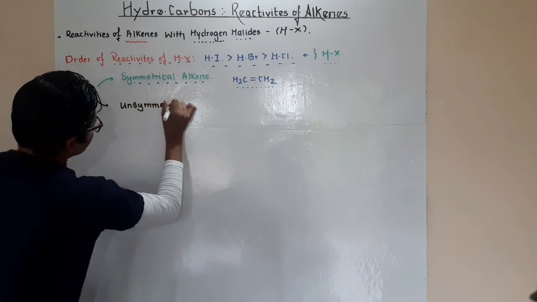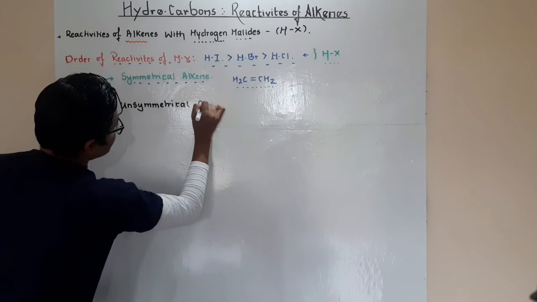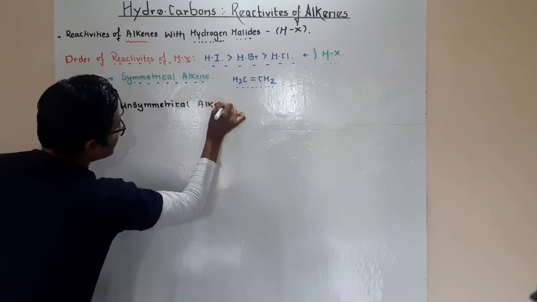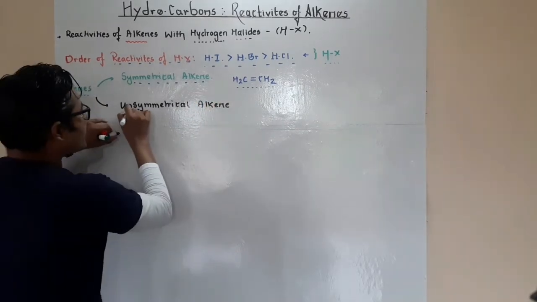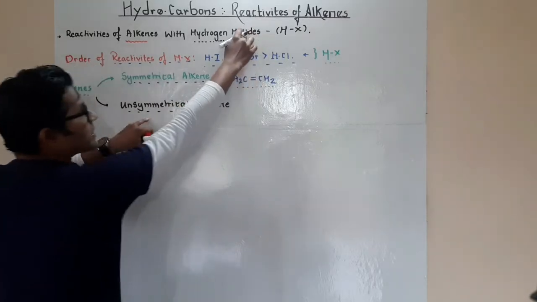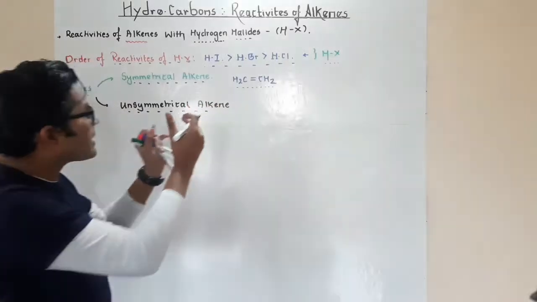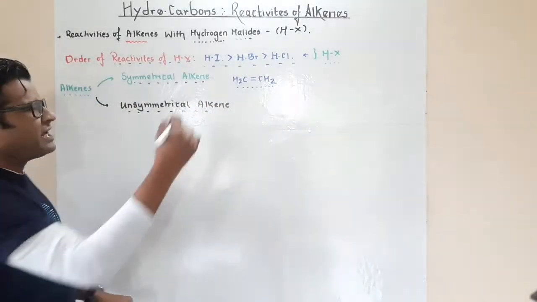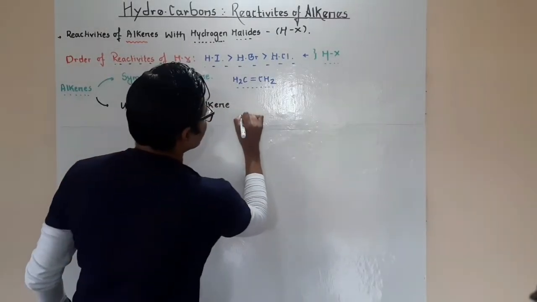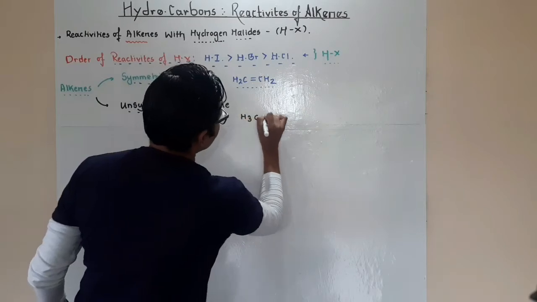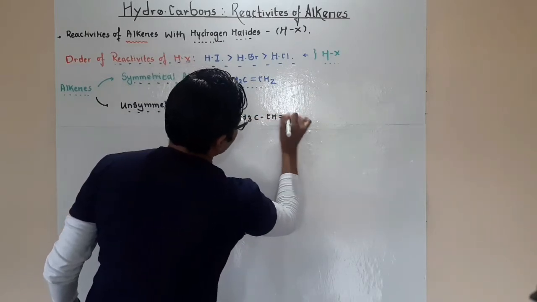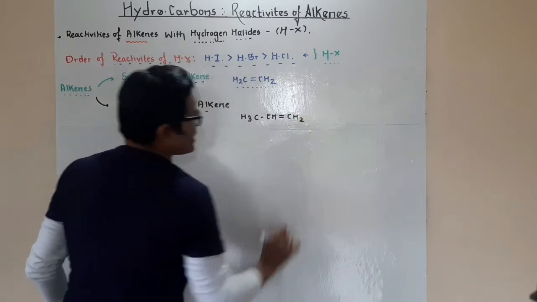Now you need to know how these hydrogen halides are going to add, or react, with symmetrical and unsymmetrical ones. For an unsymmetrical alkene, I will take an example such as propene.